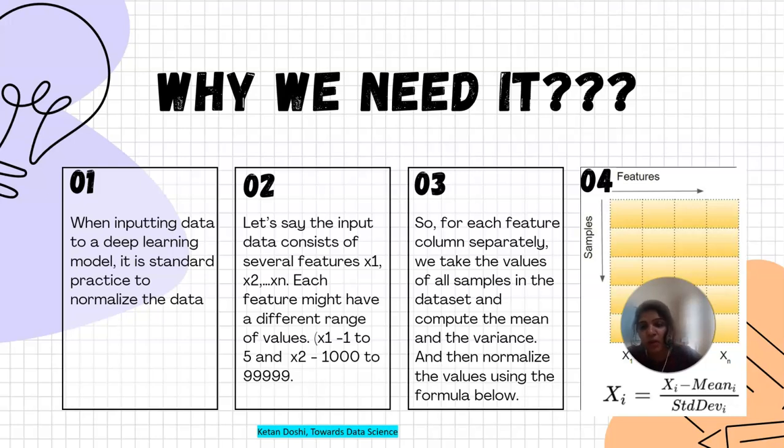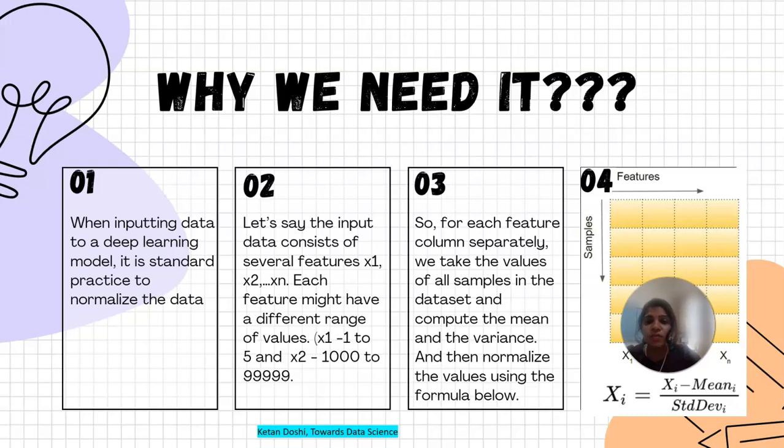So in that case, the features range over different values. Something will be in lakhs, something will be in numbers like ages, less than 50, and the salary maybe again in lakhs, then the deposit may be something else, maybe crores, right?